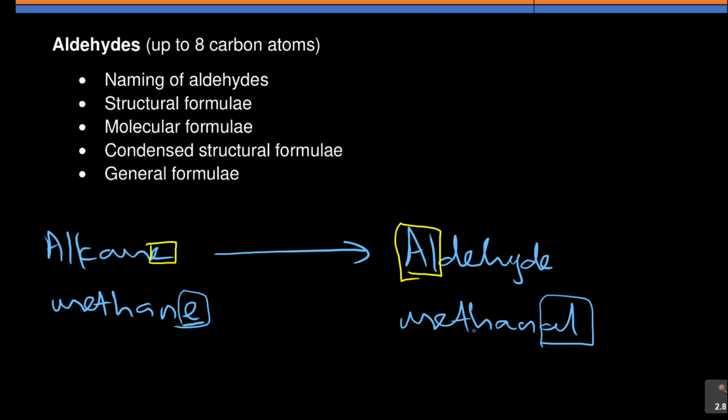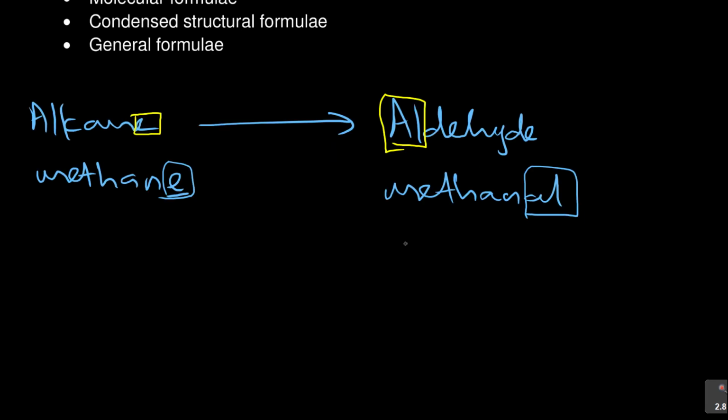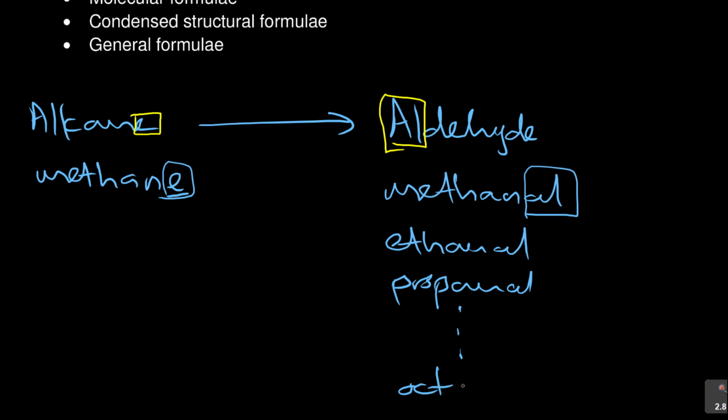Now you can continue with the naming of these from methanal. You have got ethanal, you have got propanal. This will continue until octanal, guys. You cannot just be repeating this, octanal. Alright, once you master the first ones, you'll be able to do that.